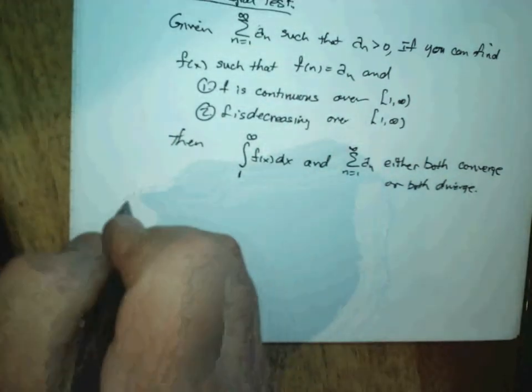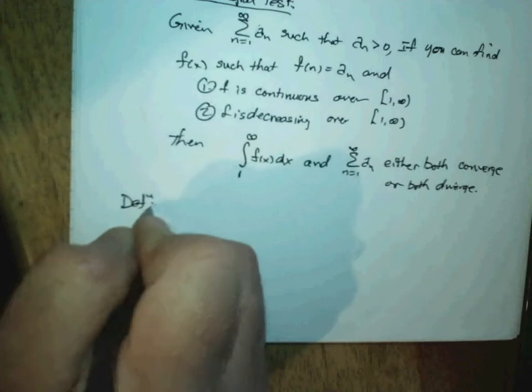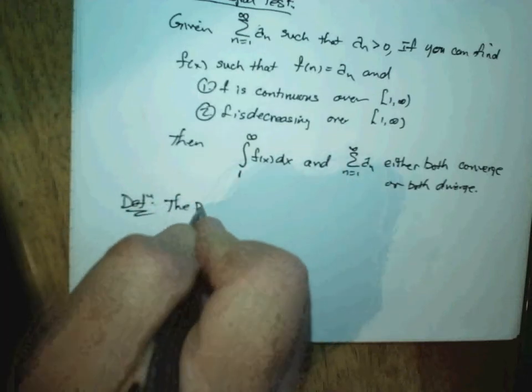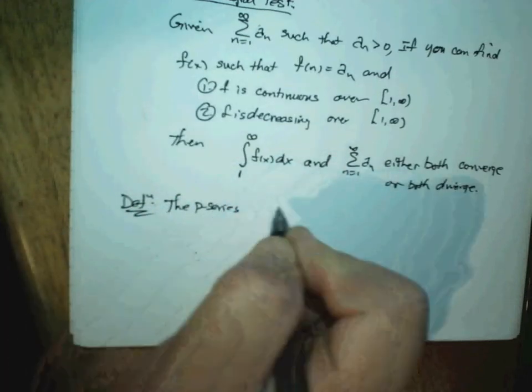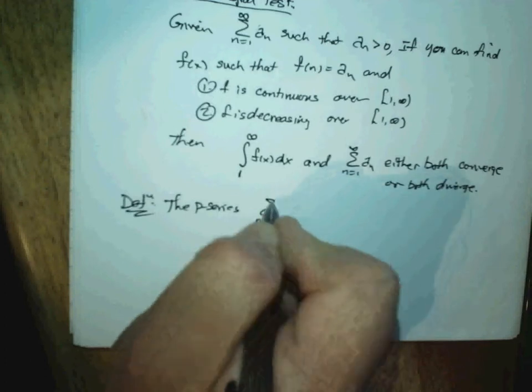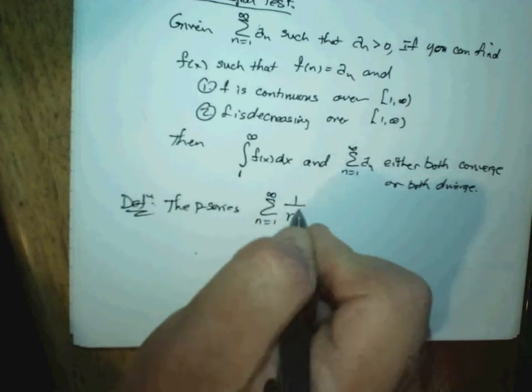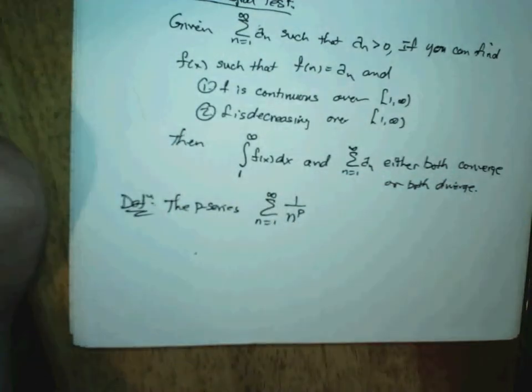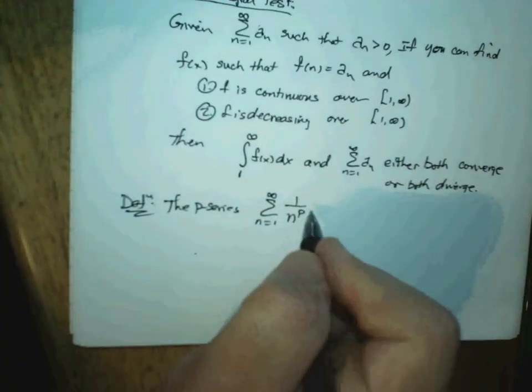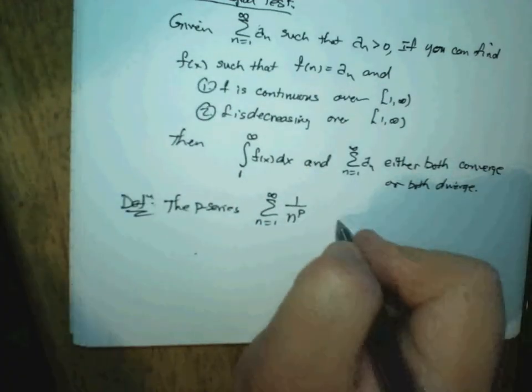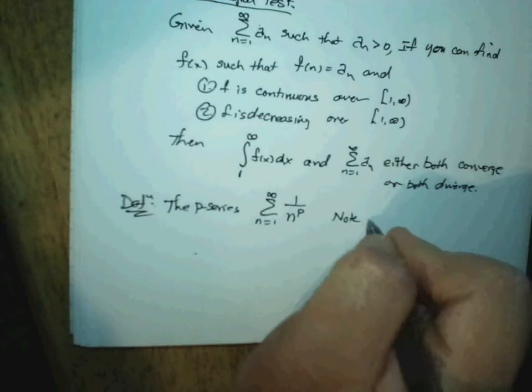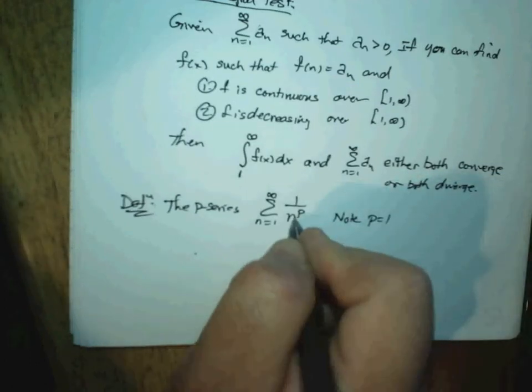So definition. The P series is this. Okay. We have already looked at the P series a bit. For example, note, if P is equal to 1, that's 1 over n to the 1.